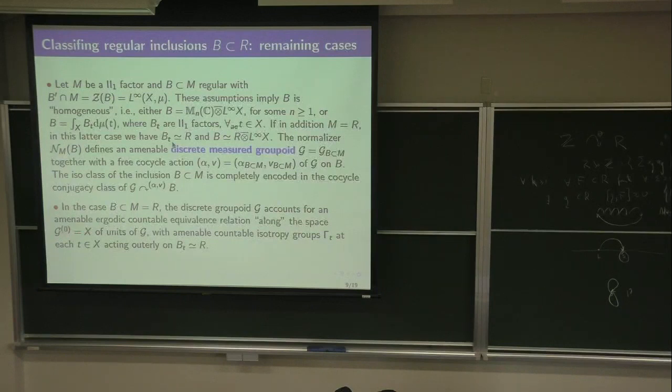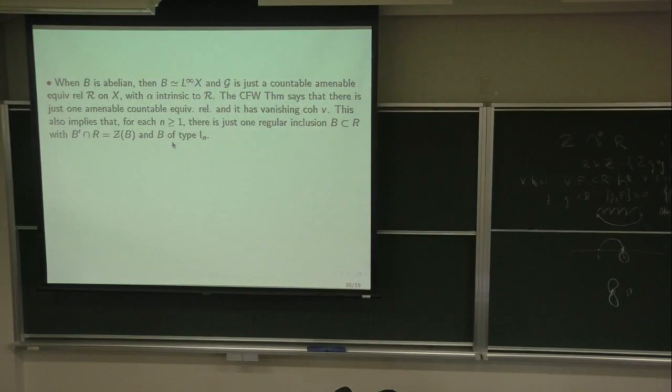It's very trivial that the equivalence relation is amenable, and also the isotropy groups at each point are amenable, acting outerly on B at t. Okay. So now let's get back with this groupoid image in mind.